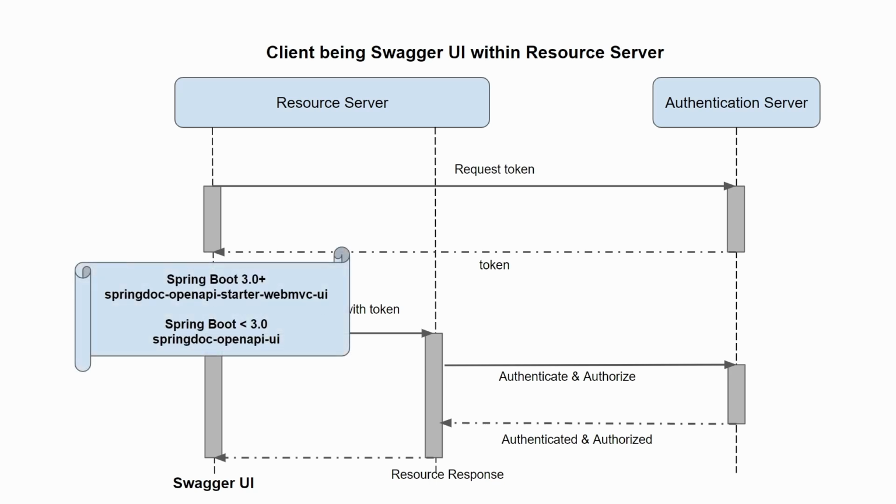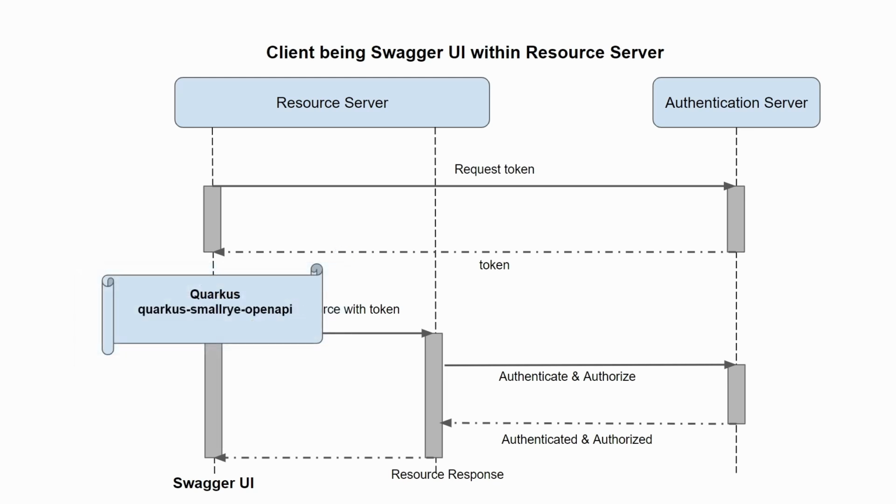If you're using Spring Boot 3.0 plus, then you can use the Spring Doc OpenAPI Starter Web MVC UI. If you're using a Spring Boot application less than 3.0, then you can use Spring Doc OpenAPI UI. And if you're using Quarkus, you can use Quarkus SmallRye OpenAPI.